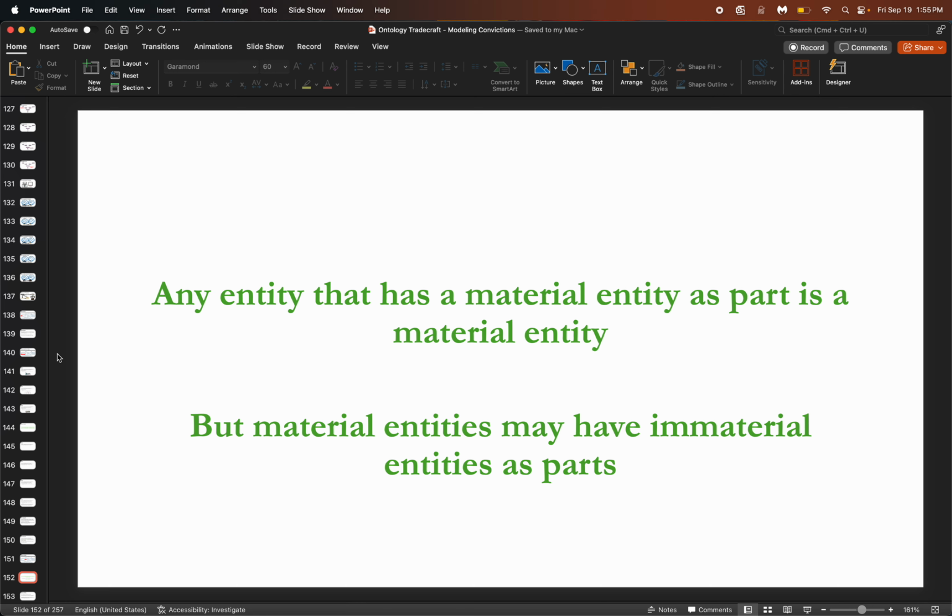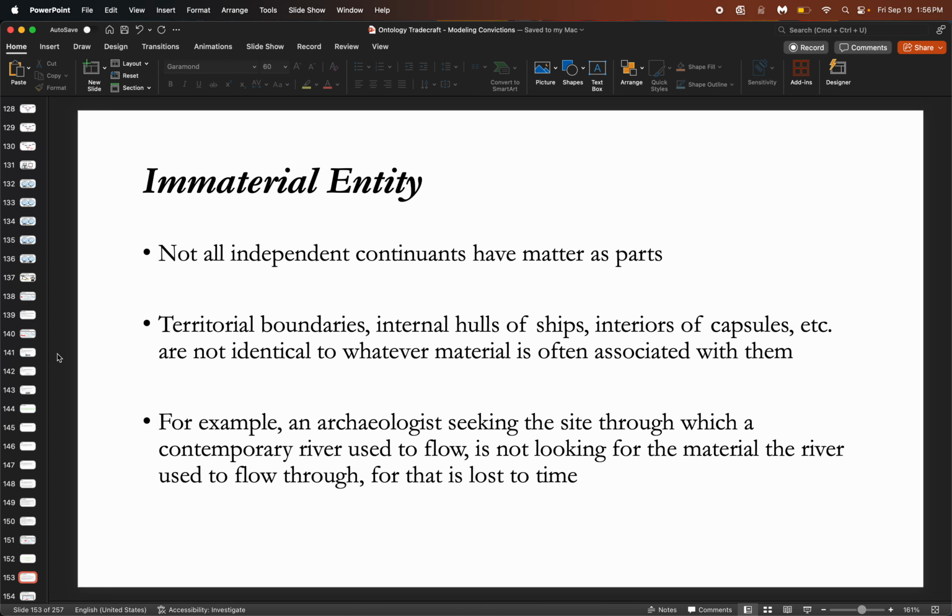You can plausibly call that combination of that space and the material stuff my car. That's okay. You can have a material entity that has an immaterial part, but you can't go the other way. So anything that has a material entity as part is a material entity. Material entity is closed under parthood in that respect.